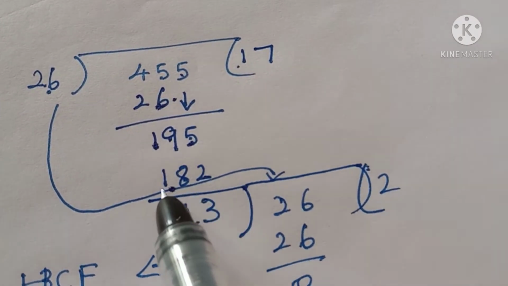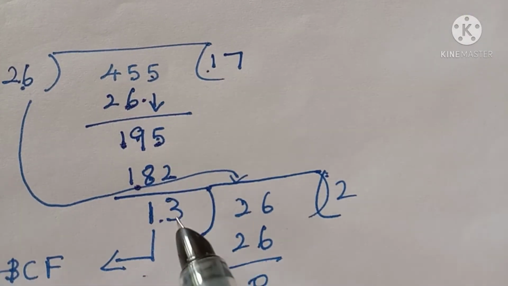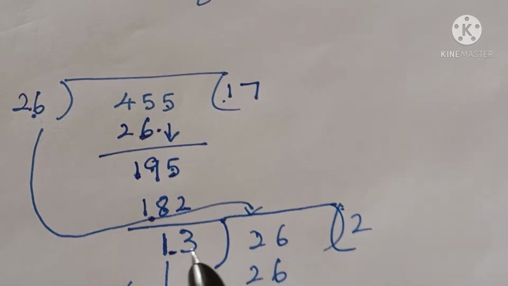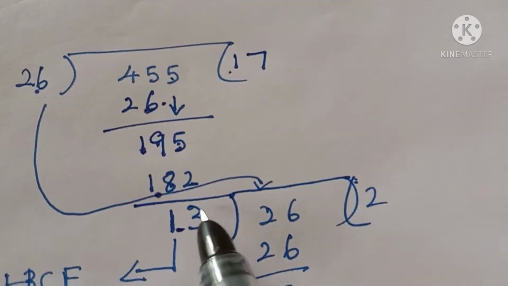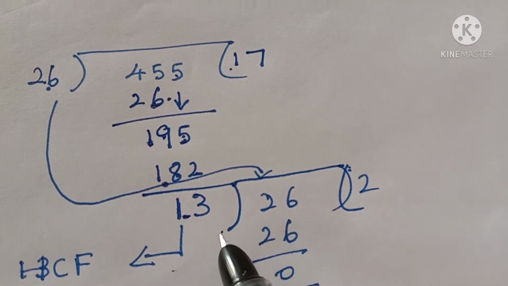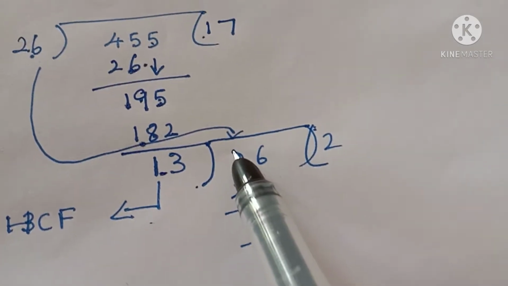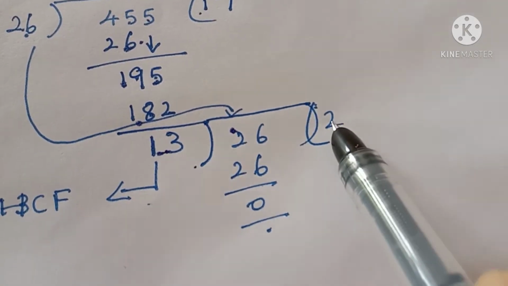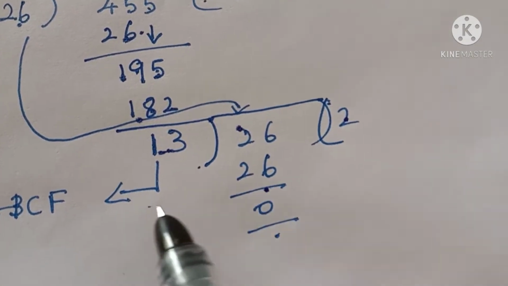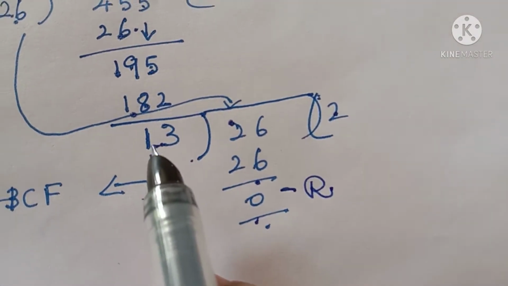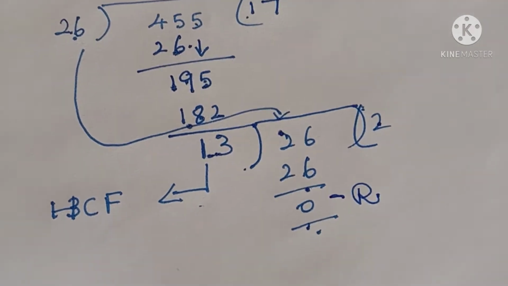So 195 minus 182: 5 minus 2 is 3, 9 minus 8 is 1. Then keep this 13 as a new divisor and bring the 26 as new dividend. So 13 2s are 26. As we got the remainder 0, your HCF is 13.